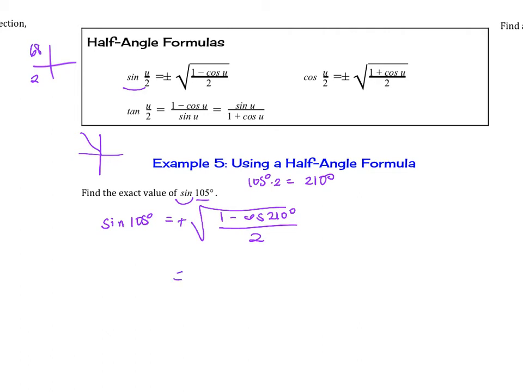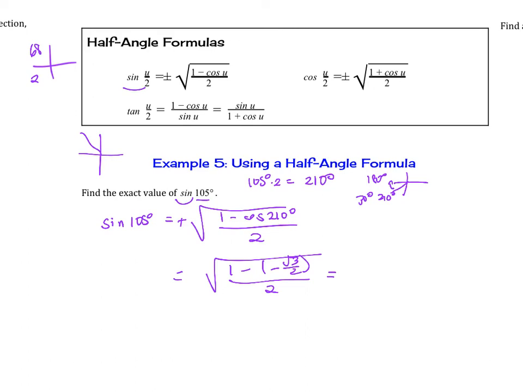So now we evaluate. So 1 minus cosine of 210 degrees, so you have to think about where that is. 210 degrees is here, and how far is that? That is 30 degrees from the x-axis. So the x value there at 30 degrees is negative root 3 over 2, and then that's all over 2.